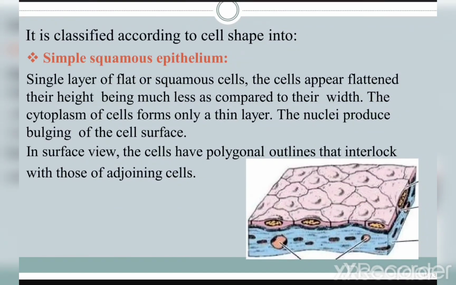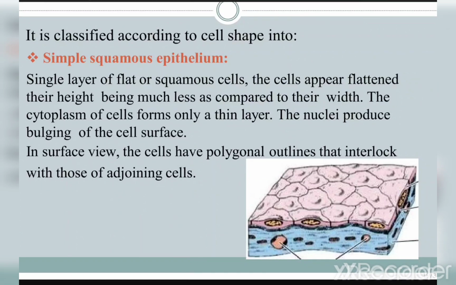By the way, it is very important for epithelial tissue to know at least two locations for each type of simple epithelium, as this is required for the exam.